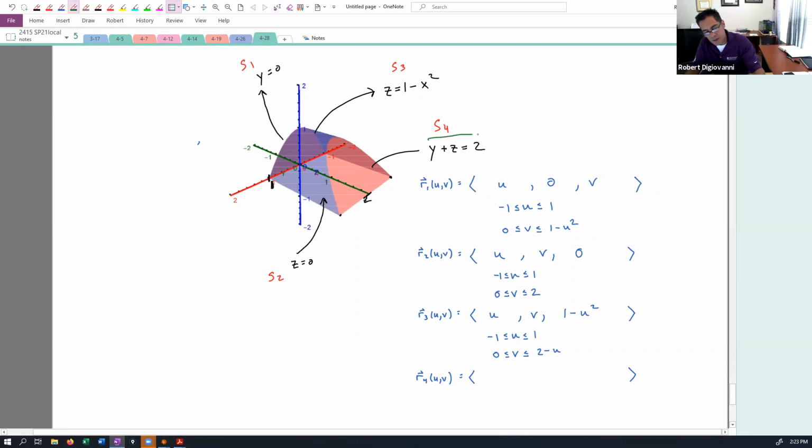Yeah, we have to take this and solve it for, well, we're trying to control the y, right? So y is 2 minus z, and z for us will be 1 minus u squared. So this should be 2 minus 1 minus u squared, which will become 1 plus u squared.